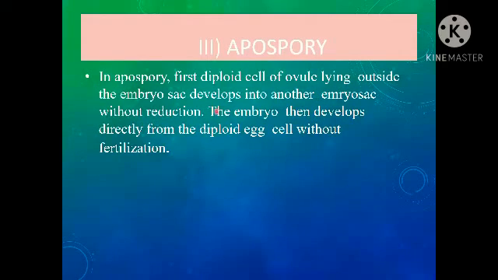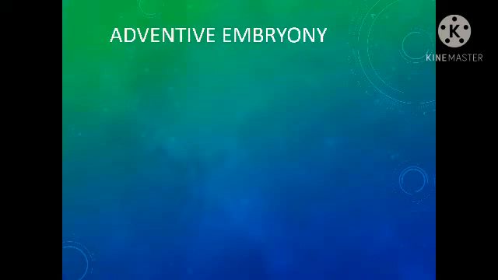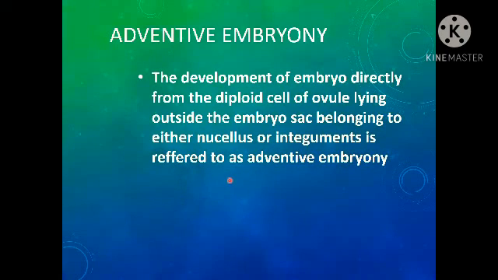The embryo then develops directly from the diploid egg cell without fertilization. There are two types of apospory: generative apospory and somatic apospory. Coming to adventive embryony, it is the development of an embryo directly from a diploid cell of the ovule lying outside the embryo sac, belonging to either the nucellus or integuments.